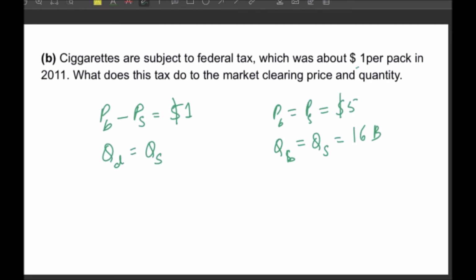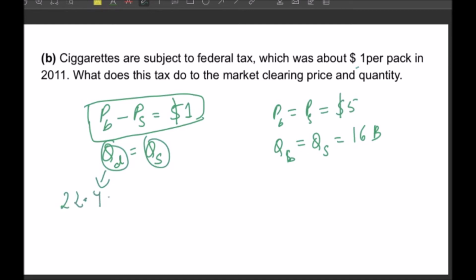Now we have two equations. One is this, and the one we have derived for the quantity demanded and supplied in the previous part, which was, the demand curve equation was 22.4 minus 1.28 PB, and the quantity supplied equation was 8 plus 1.6 PS.